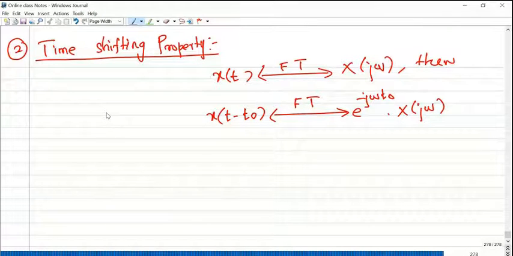It's a very simple one. We just need to substitute x(t - t₀) in the formula and solve it. So x(t) gives X(jω), and x(t - t₀) gives e^(-jωt₀) times X(jω).